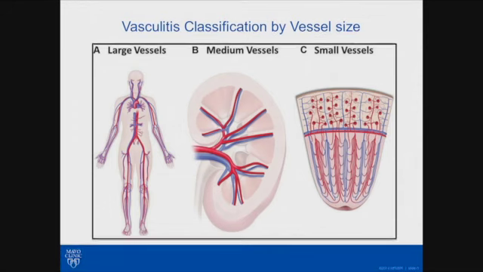When we think about vasculitis, and you'll be hearing more about small vessel vasculitis later in the morning, we try to think about which blood vessels are affected in the patient that we are evaluating. We go from thinking about the largest blood vessels in the body, the aorta, that's the main channel that's coming out of the heart.